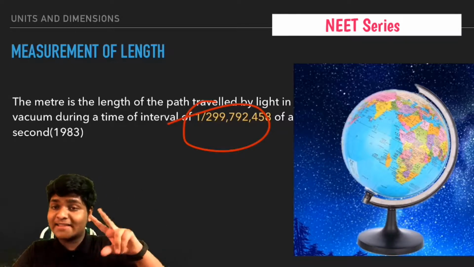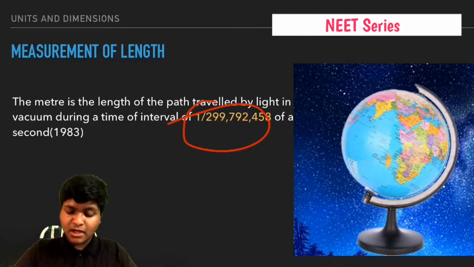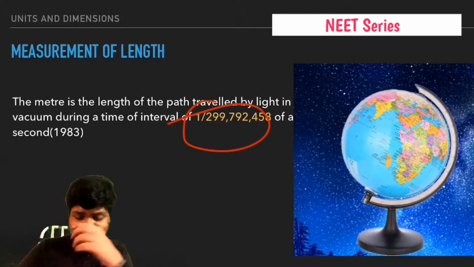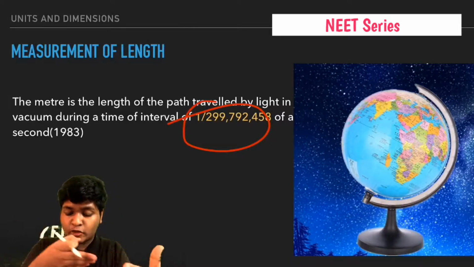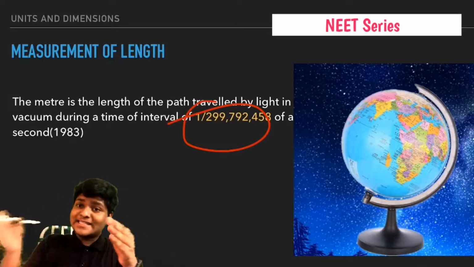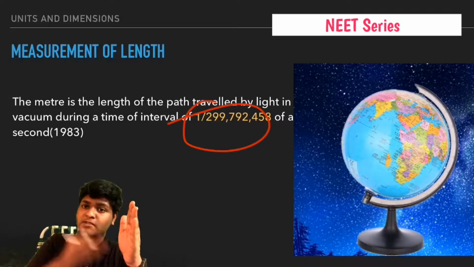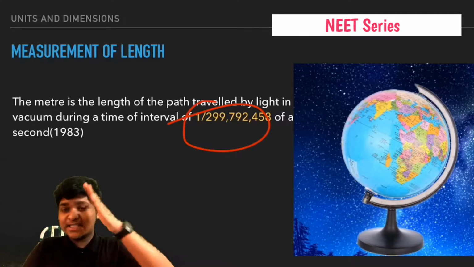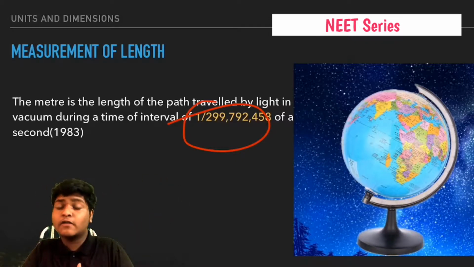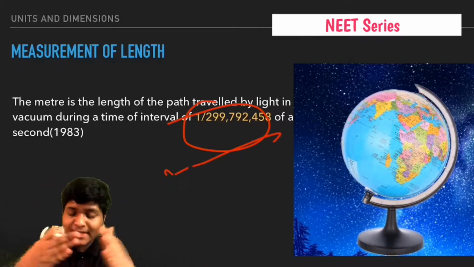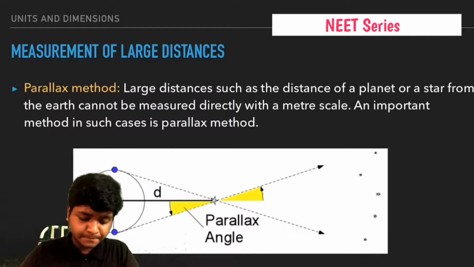How much distance does the light travel during that particular time interval, 1 by 299,792,458 of a second. This number is not very important, but take a look at it.